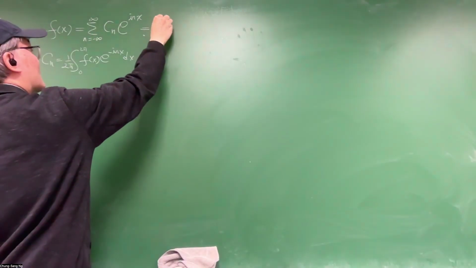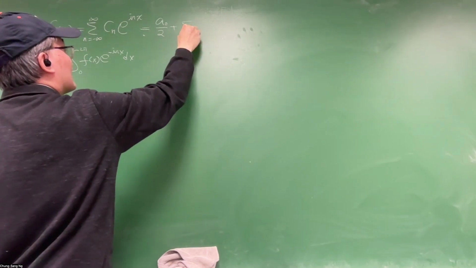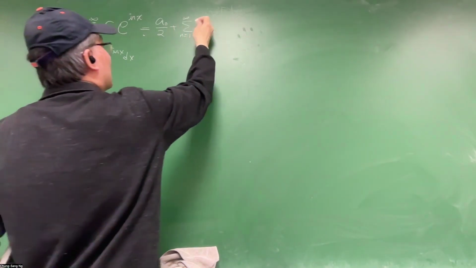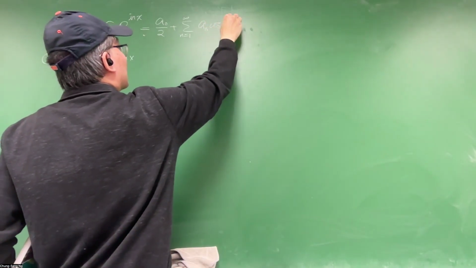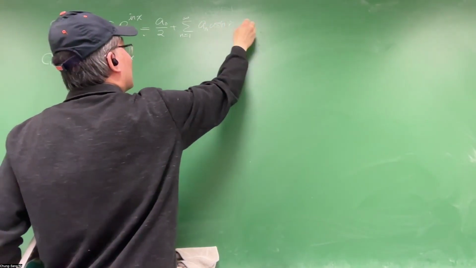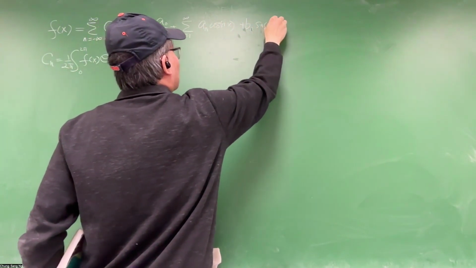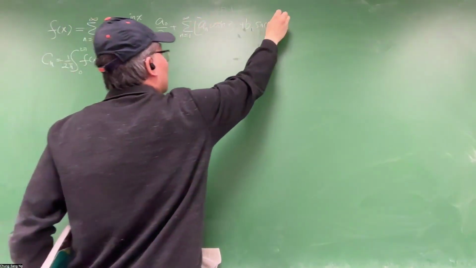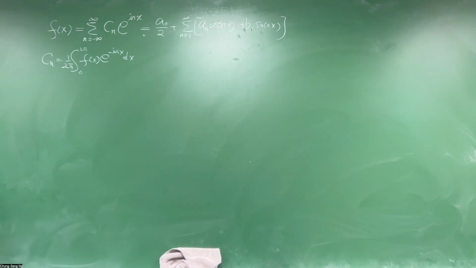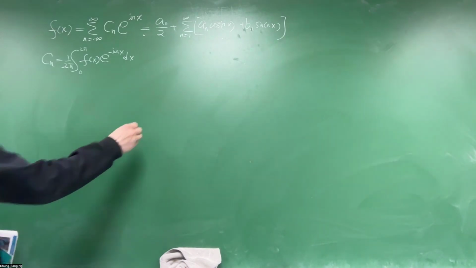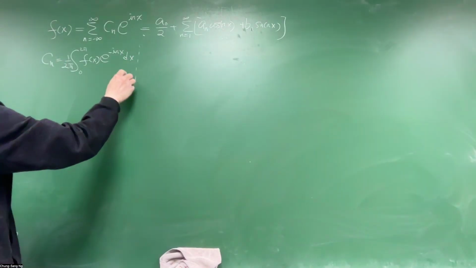You use the original series here, a sub 0 over 2, plus the sum from 1 to infinity, and you have the cosine and sine. Now you can do the comparison.